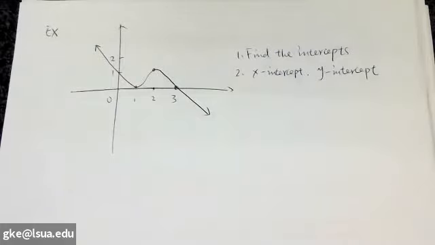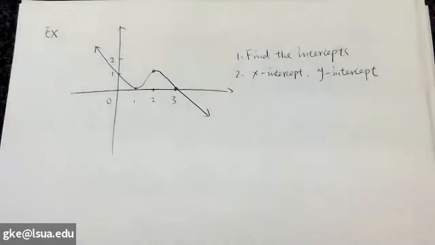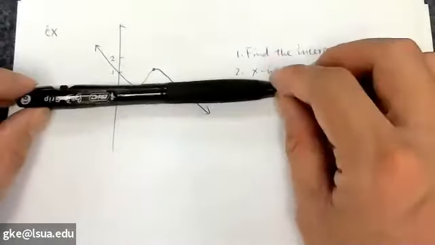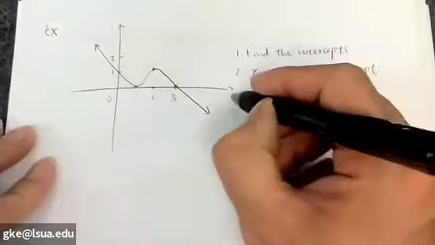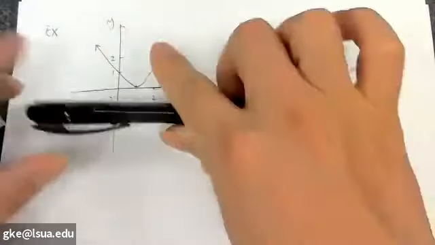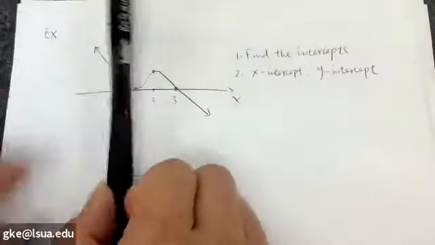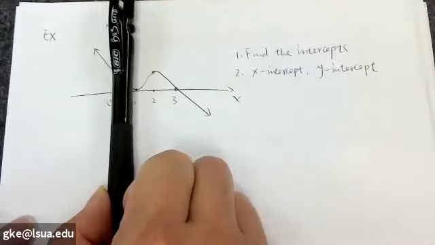Okay, now let me do it on board. For the intercepts, based on definition, it's a point, right? The curve crosses over or touches the axis. So this is x-axis. This is y-axis, right?